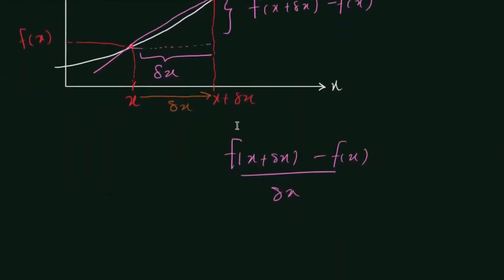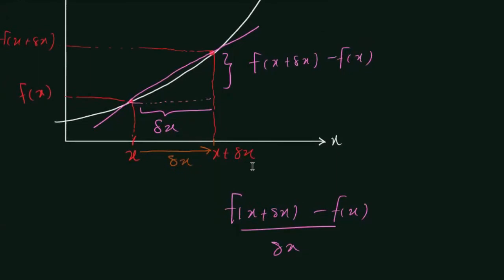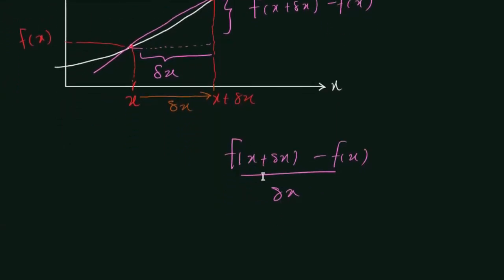What I need is not this gradient. I need the gradient at this point. To do that, there's a nice way: we are going to use limits, as delta x goes to 0. Let's see what happens.